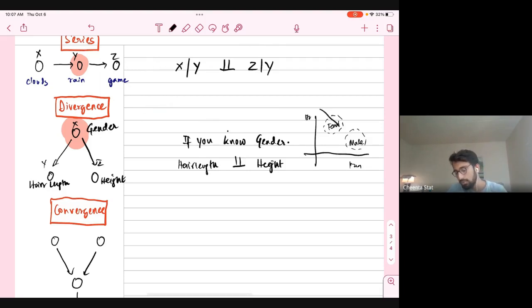So you will see a negative correlation. This is called Simpson's paradox. You will think that they're dependent, but they're not, because given the gender, they're independent. Do you see the idea?